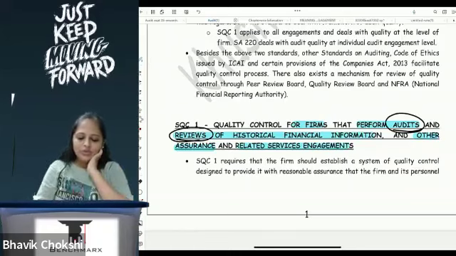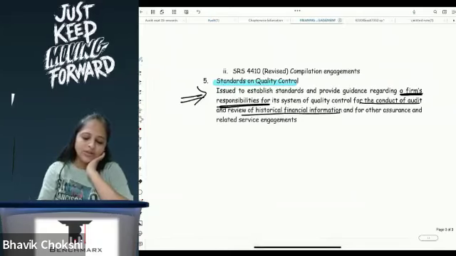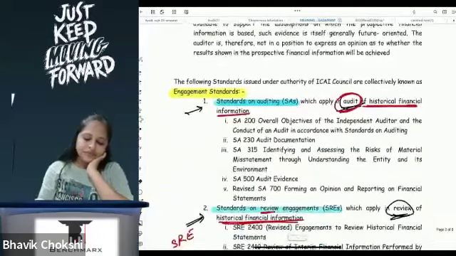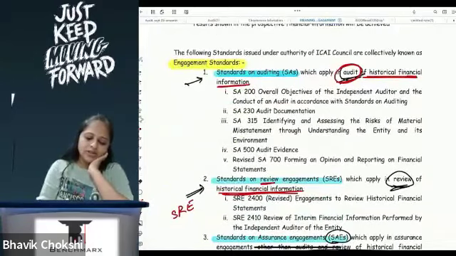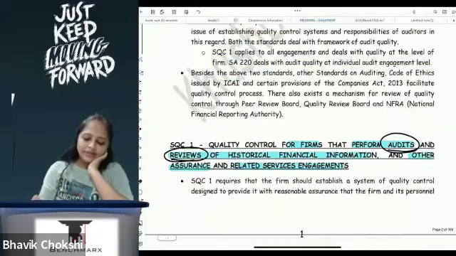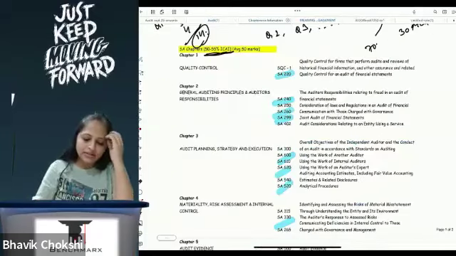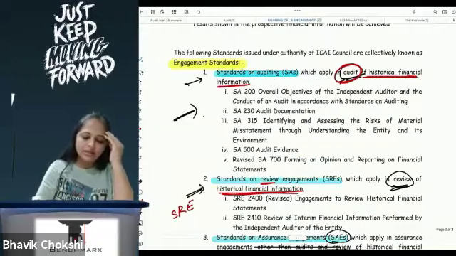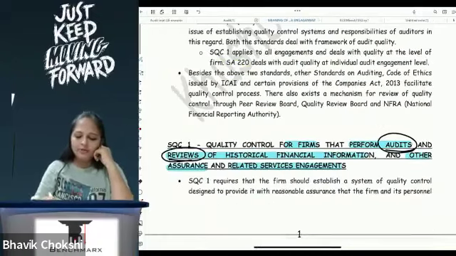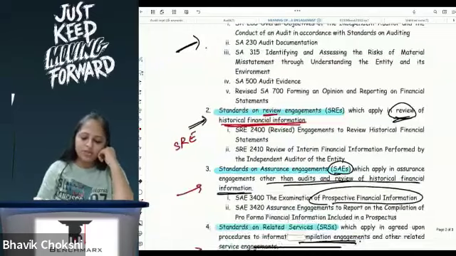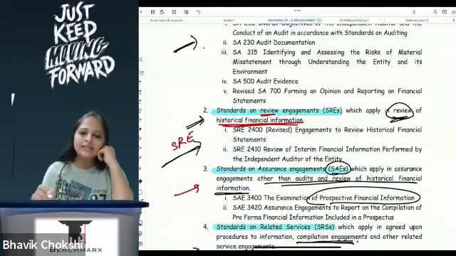Okay, so if you see, it is talking about audit, so we are talking about audit of historical financial information, that is SAs. Then he is saying that we will do review of historical financial information, so we are talking about SREs.